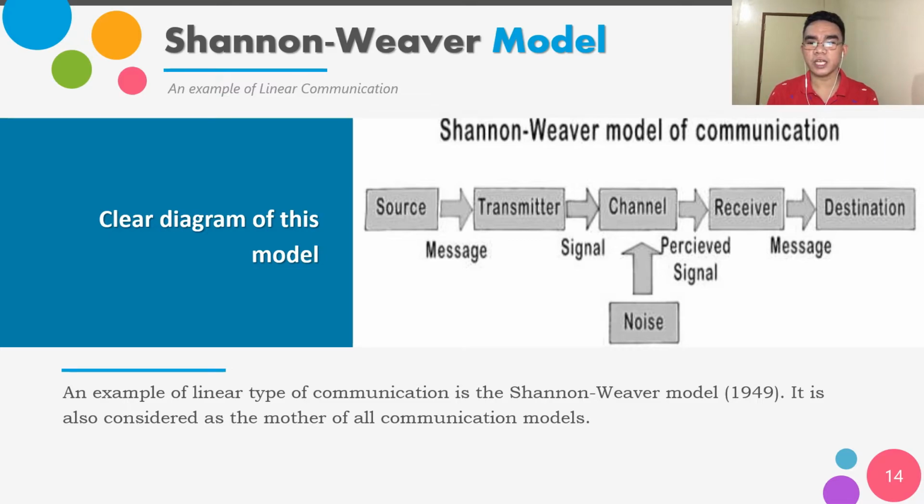For the Shannon-Weaver model of communication, as you can see here, there is a source, the transmitter, the channel, the receiver, and the destination. The source is considered the sender. The transmitter is the process wherein the message is sent.